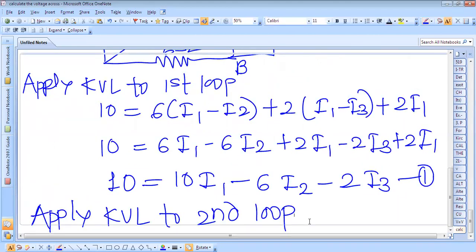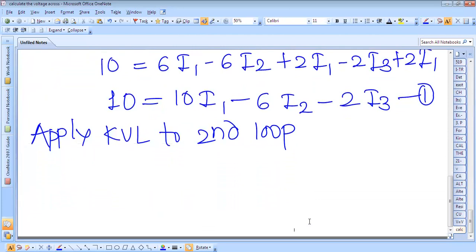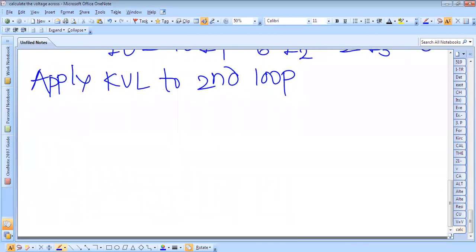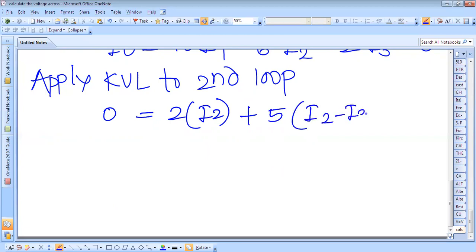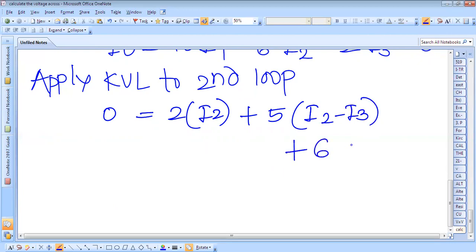There is no voltage source in this loop, so we can write 0 is equal to 2 into I2, plus 5 into (I2 minus I3), plus 6 into (I2 minus I1).